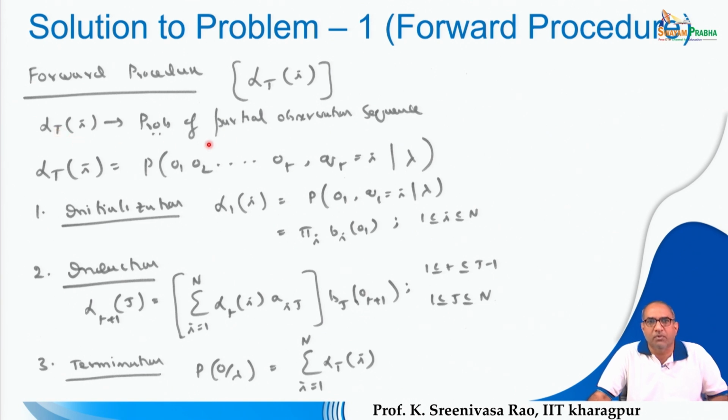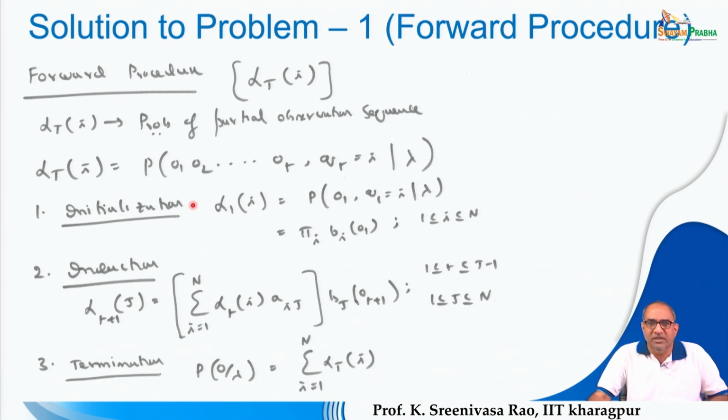Alpha t of i indicates the probability of the partial observation sequence O1, O2, up to Ot, and at time t the system is in state i. That is, what is the probability of the observation sequence O1, O2, up to Ot at time instant t, with the system in state i? This is known as alpha t of i.